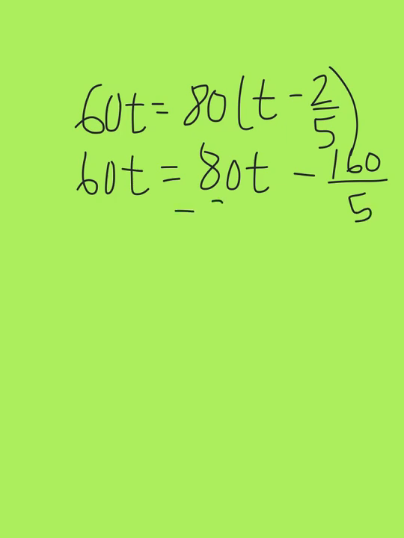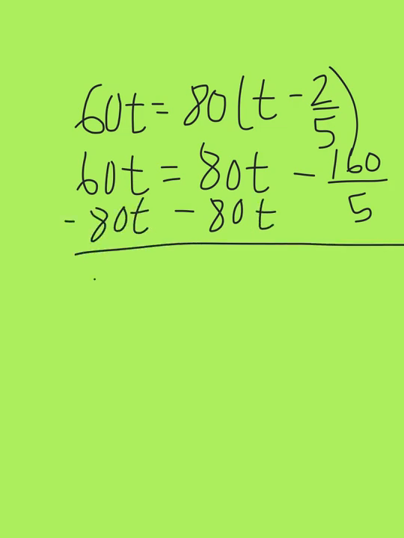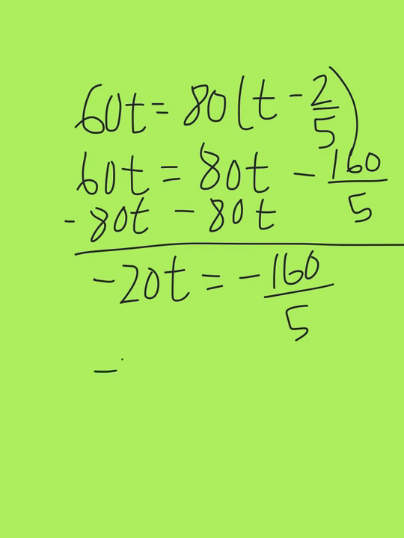I can subtract 80t from both sides, and I get negative 20t equals negative 160 divided by 5. So I get negative 20t equals negative 32.